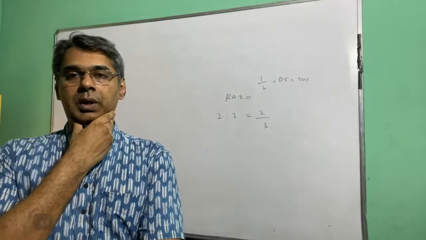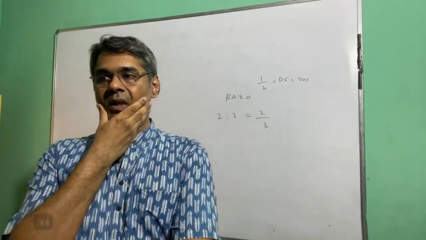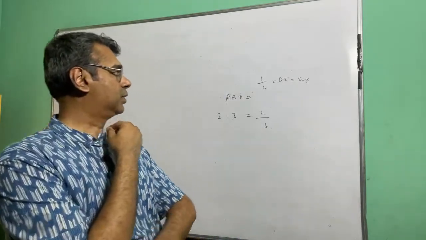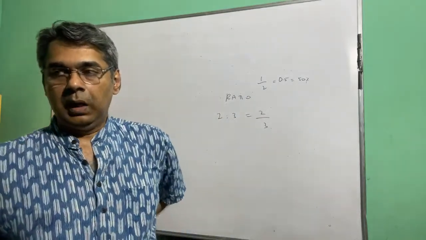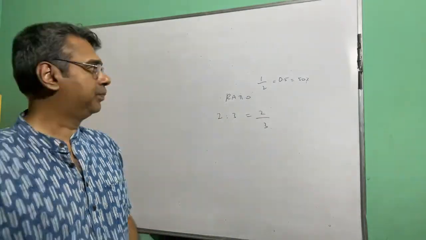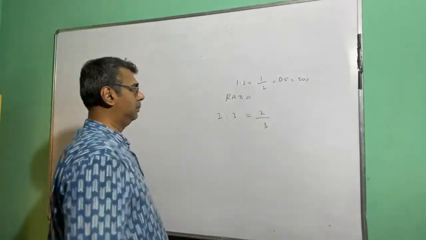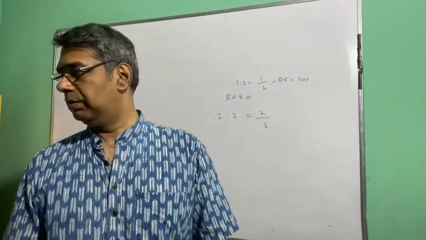So fraction, decimal, percentage, they all have this very close relation. A fraction can be written as a decimal, and it can also be written as a percentage. Now there is another way of writing it: you can write it as 1:2.